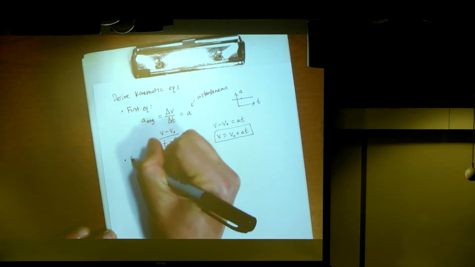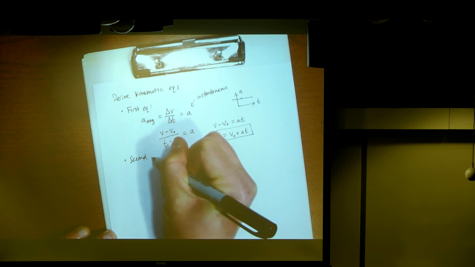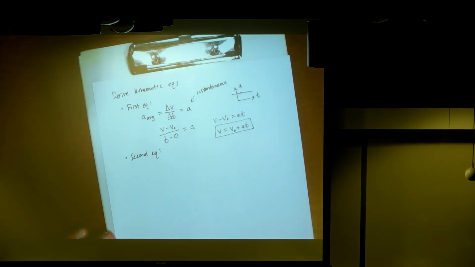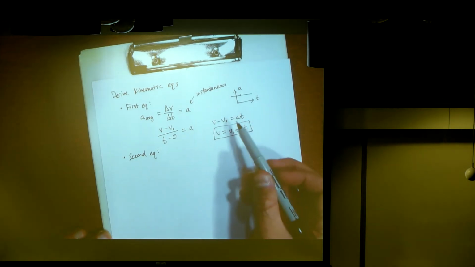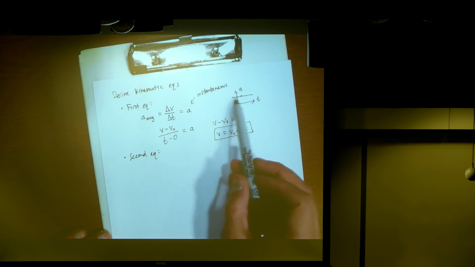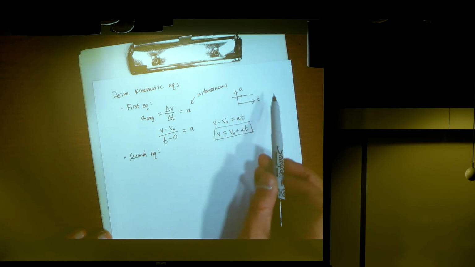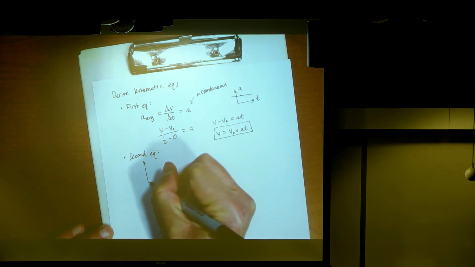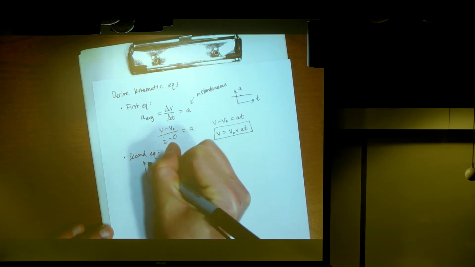For the second equation, here's what we're going to do. So if acceleration is constant, the a versus t graph is just a flat line because acceleration is not changing. If I have constant acceleration, what does my v versus t graph look like?